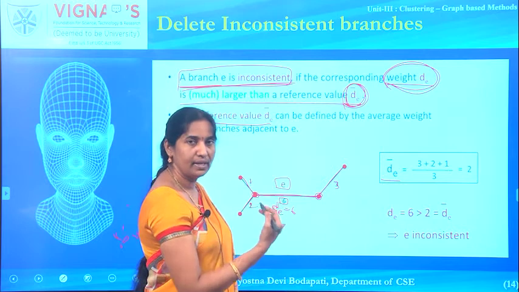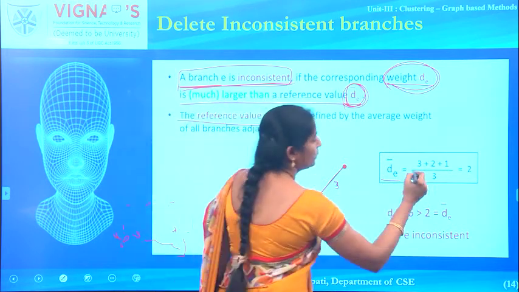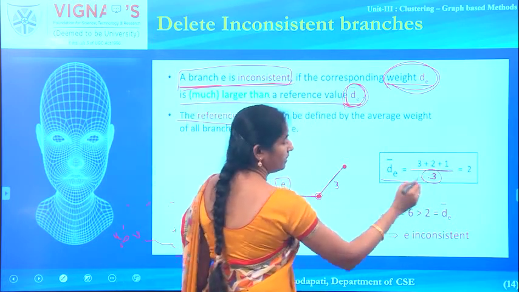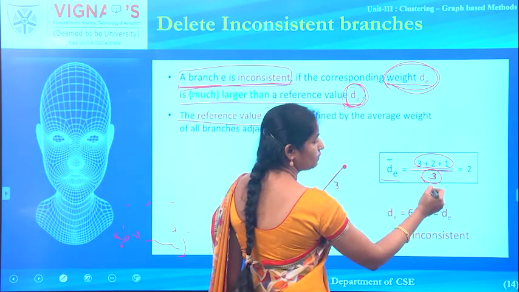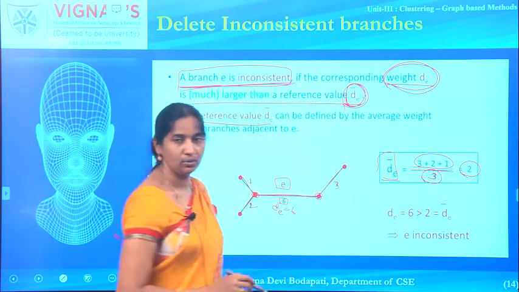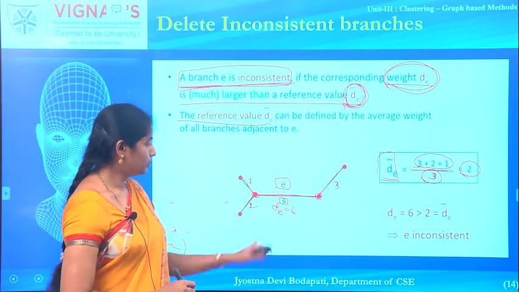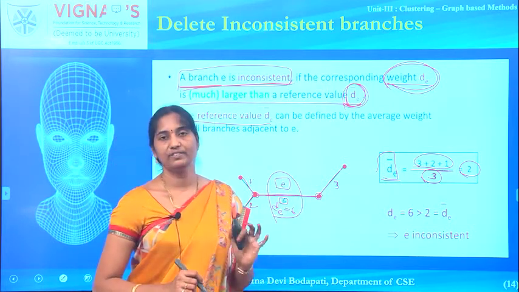Sum divided by the number of edges. How many edges are associated with this? 3. So, in the numerator you have 1 plus 2 plus 3, which is 6, and in the denominator you have 3. So, 6 by 3 is 2. Now, you get this value for dE complement. That is how you can compute the reference value for any edge. For the other edges also you can compute this reference value.